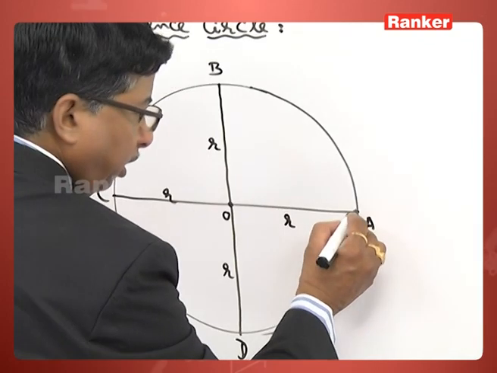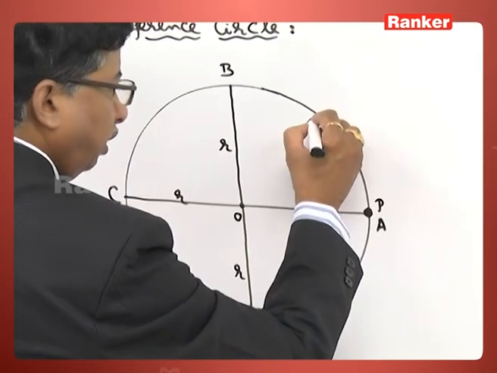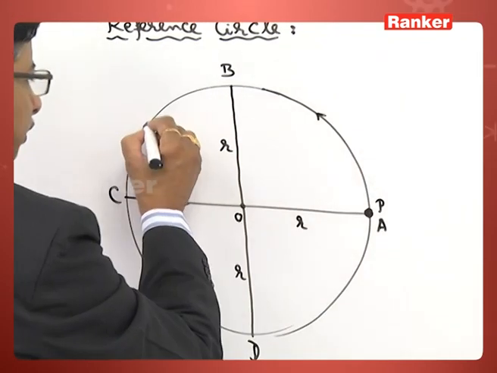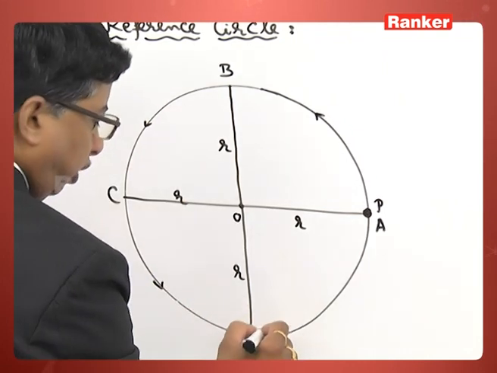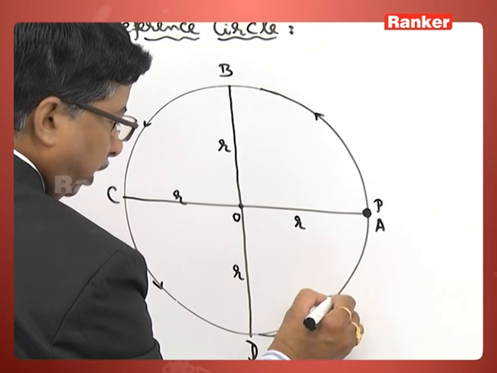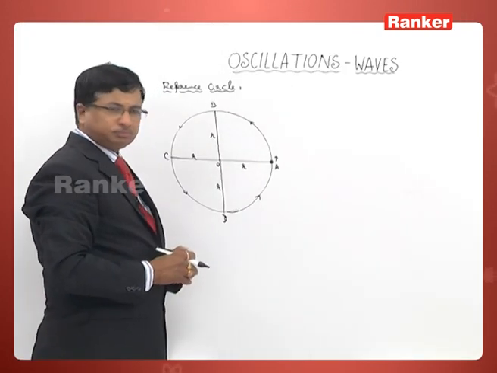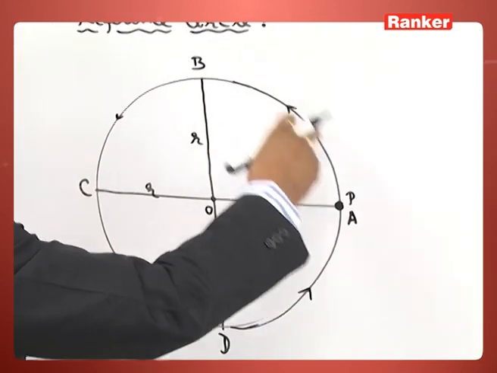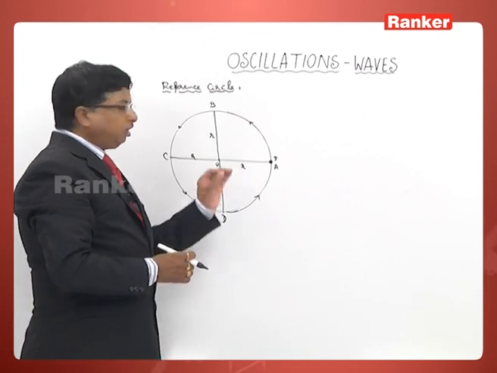Imagine for a while there is a particle P that is now moving on the circumference of the circle, right, from A to B, then to C, then to D, and back to A. This is the motion of the particle.